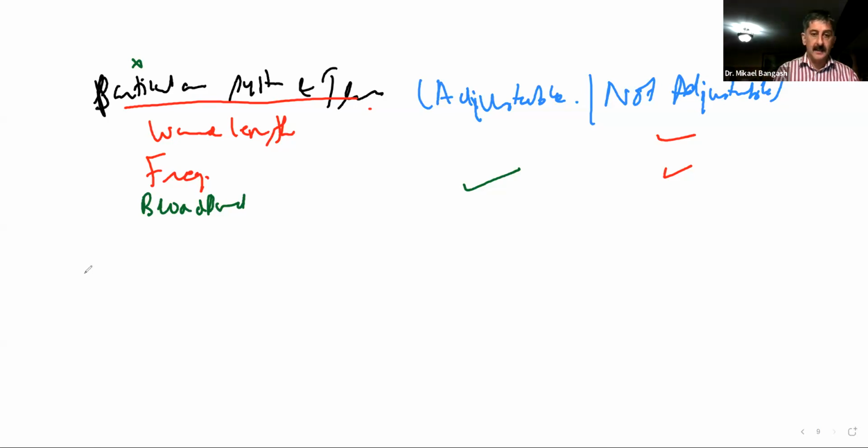But for this case, because it says it's a particular transducer and or system, it is not adjustable.